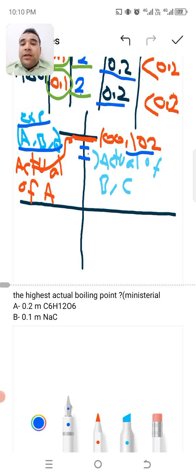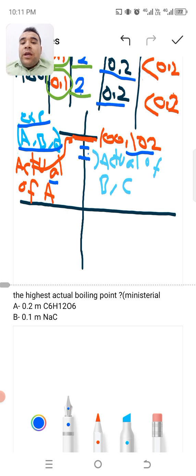As you can see, the colligative property here is the boiling point, and the boiling point is among group 5, sorry guys. So group 5 have a lower actual than the expected. So here you have to know that the sugar is not an electrolyte. At the beginning of the video I told you that there is no difference between actual and expected value.